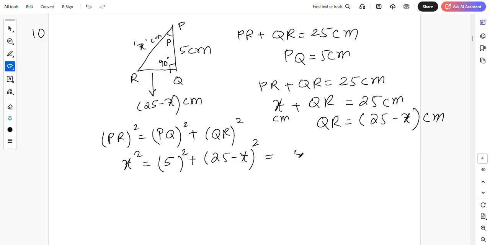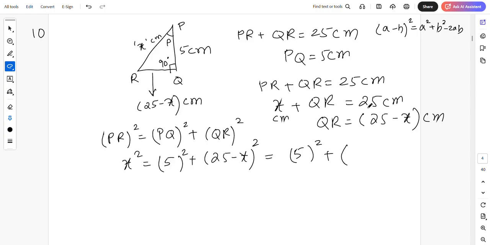I can use the formula a minus b the whole square is equal to a square plus b square minus 2ab.